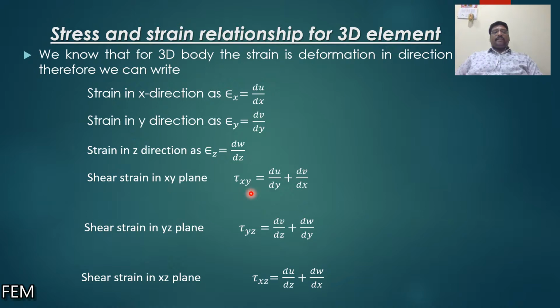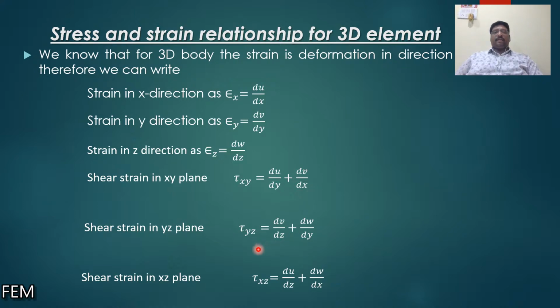So shear strain can be written as ∂u/∂y + ∂v/∂x, because due to the load applied, displacement in x direction, what is the change obtained in the y direction? Similarly, the deformation in y direction is generated due to change in the x direction.